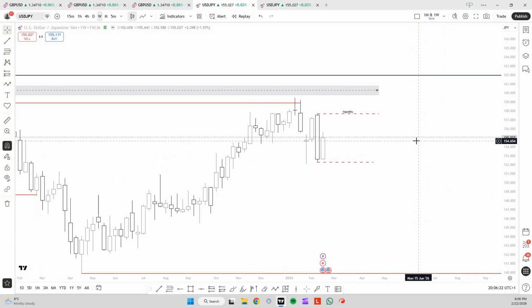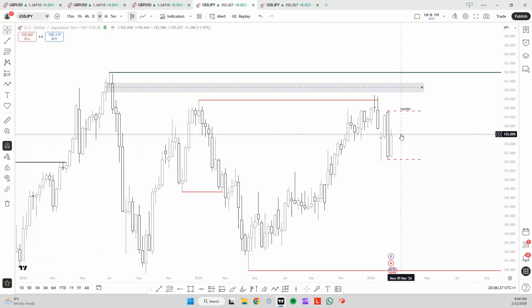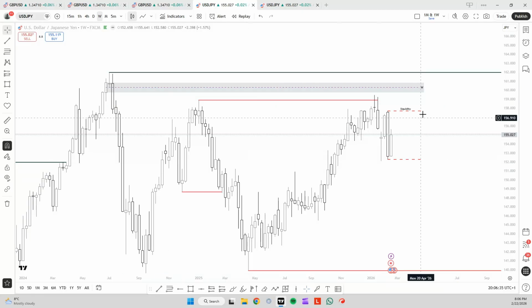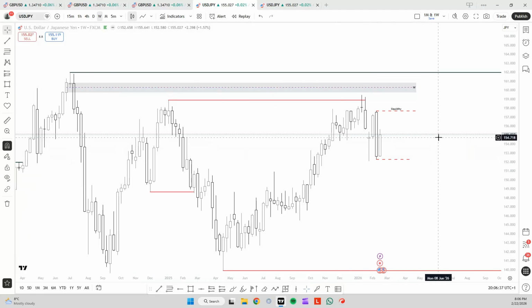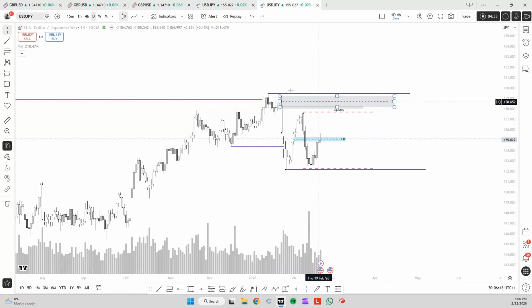Zooming in, because there's not much to see here, right? Only that here is the order block and this imbalance, but just in case the price broke those highs. But then let's jump lower to the daily and see what the daily tells us.